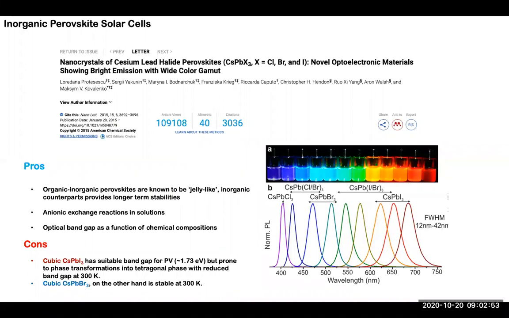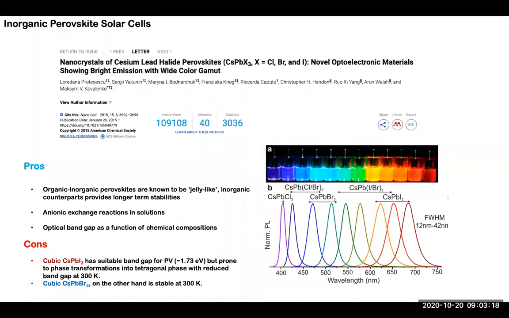Now, the cons of these materials: for example, cesium lead iodide has a suitable band gap of 1.73 electron volts for photovoltaic applications, but that's only for the cubic structure.